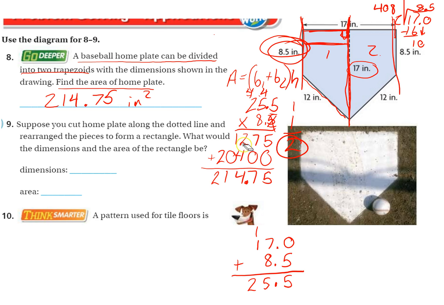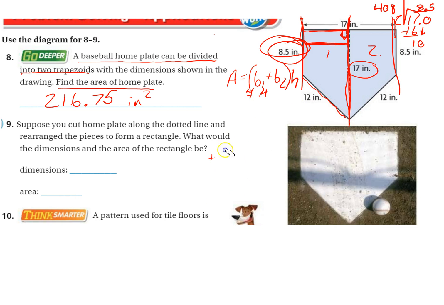And so that would change. 2 plus 4 would be 6. Good thing I double checked my math. Always double check. You've got the time, double check it.